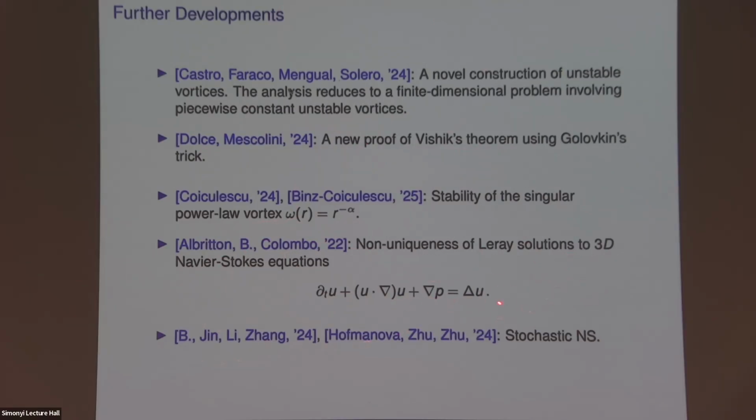So here there's a type I should add plus F. So we have a body force for the very same reasons why in the Vishik result there's an external body force. And then there are a few generalizations of these ideas in the stochastic framework. Here I'm just mentioning two papers in this direction. Okay, so this is essentially the first evidence of non-uniqueness and ill-posedness in this problem.